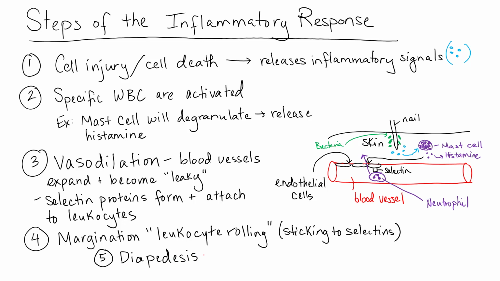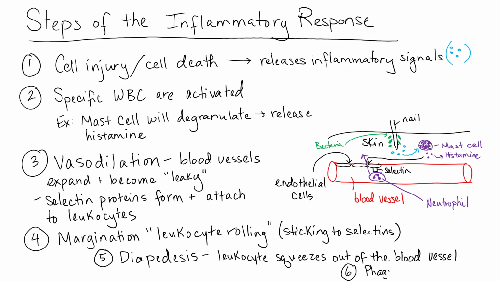Okay, so the diapedesis process, this is when the leukocyte squeezes out of the blood vessel. And in this case, the next step would be phagocytosis, because we would want to eliminate this foreign bacteria from the wound. So specifically, this neutrophil would be engulfing the bacteria to eliminate the bacteria.